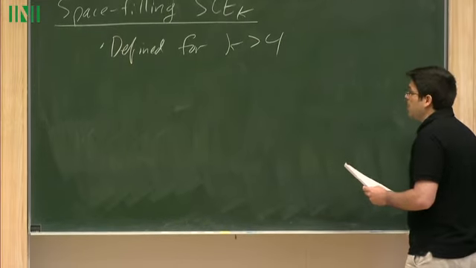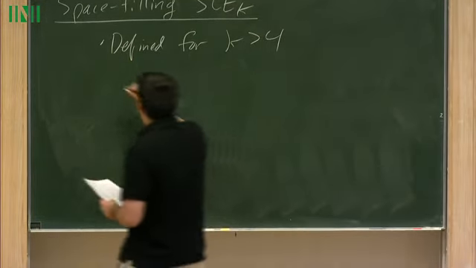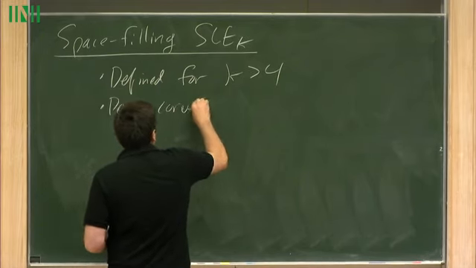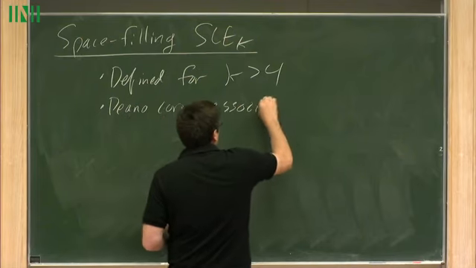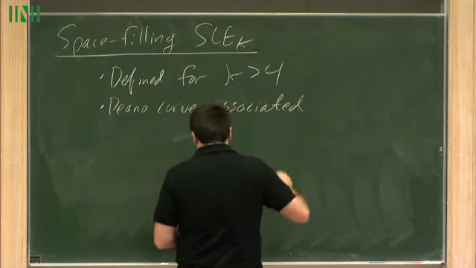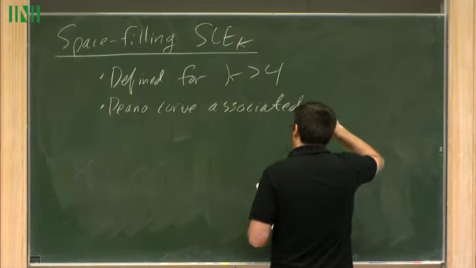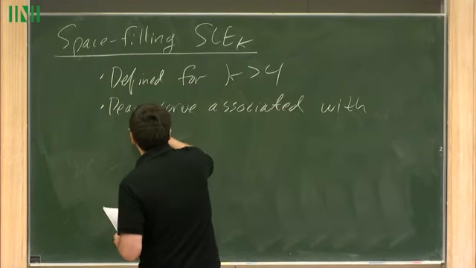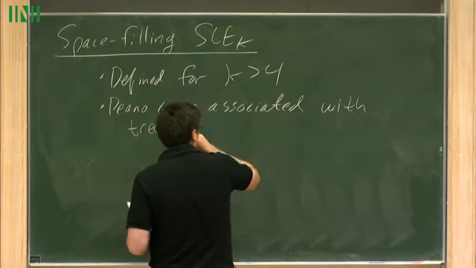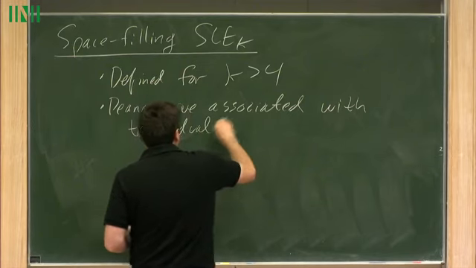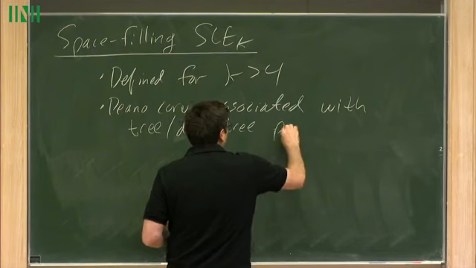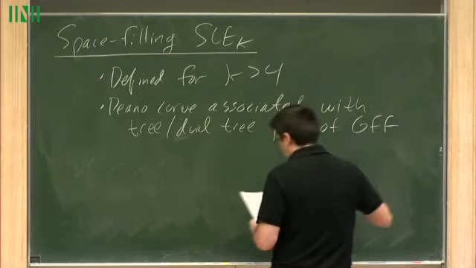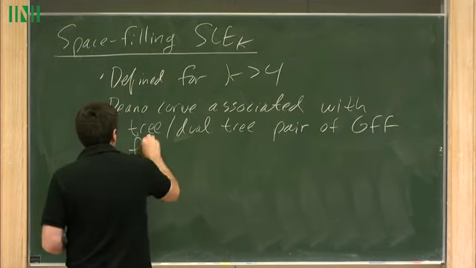And again, what this is, it's the Peano curve which is associated with a certain pair of random trees. And the trees come from the Gaussian free field, so it's associated with the tree, dual tree pair of Gaussian free field flow lines.